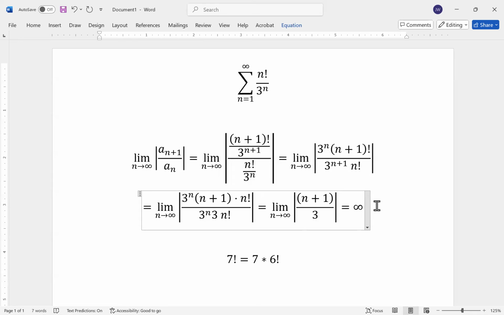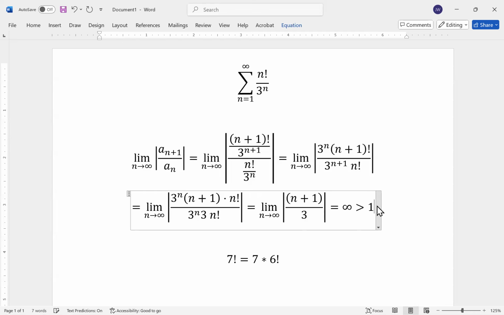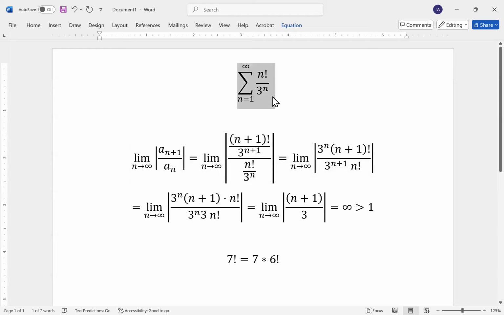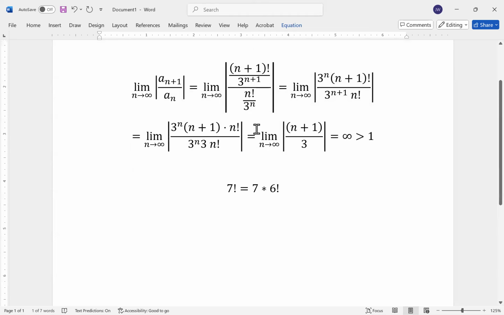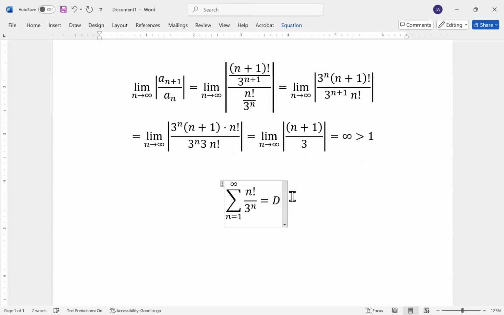Because infinity is bigger than 1, the ratio test says, therefore, this series, the original series we were talking about, has to diverge. So that series, I know by the ratio test, diverges.